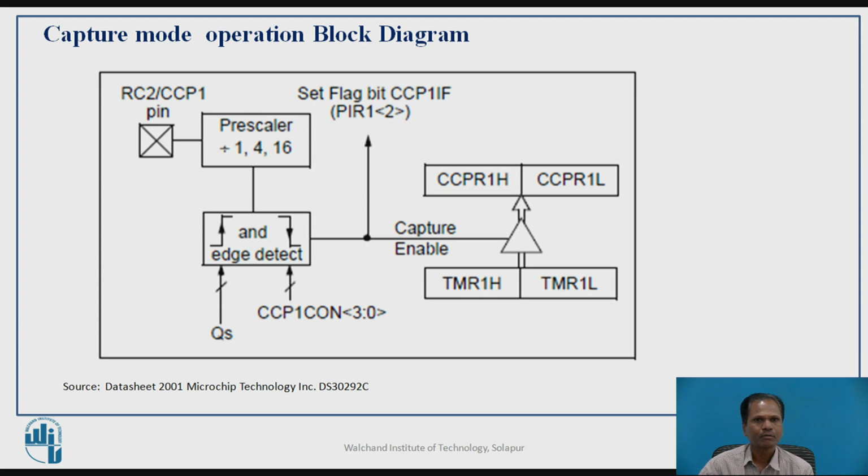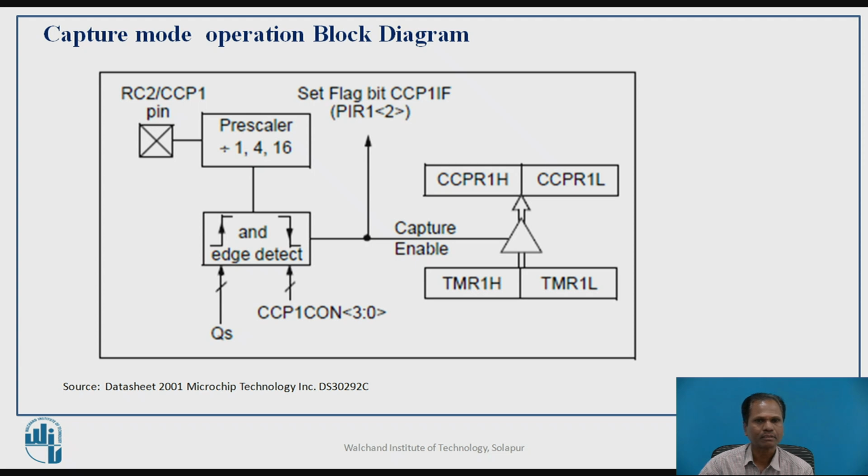When an event takes place, the edge is sensed. The CCP register, CCPR1H and CCPR1L, captures the current value of timer 1 from TMR1H and TMR1L.